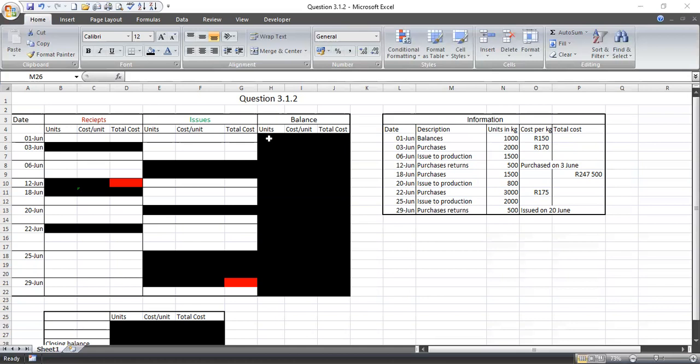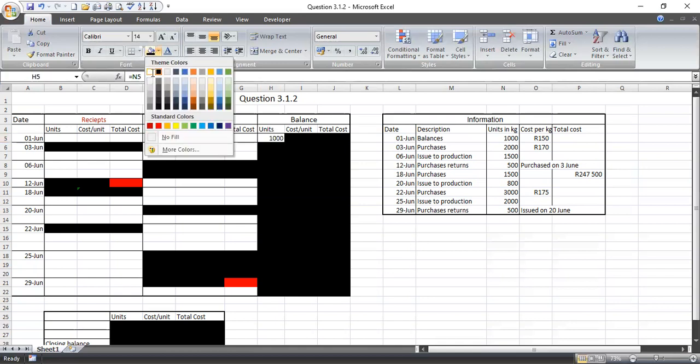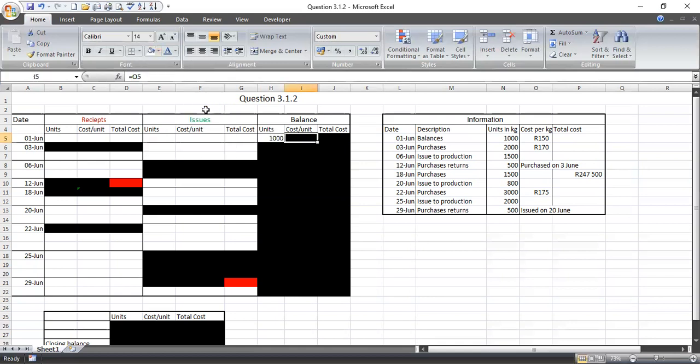Under units, we should have 1,000 units at a cost per unit of 150 and at a total cost of 150,000. How did we get the 150,000? We simply said the 1,000 units multiplied by 150 to get a total cost of 150,000.